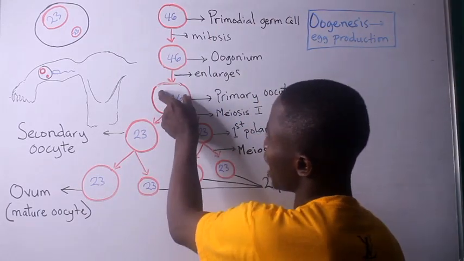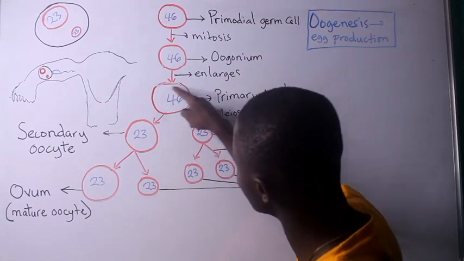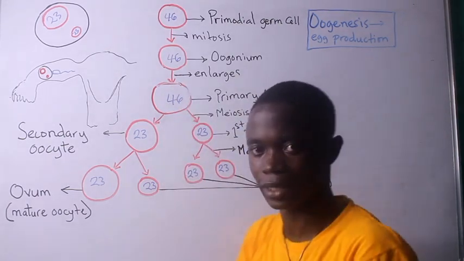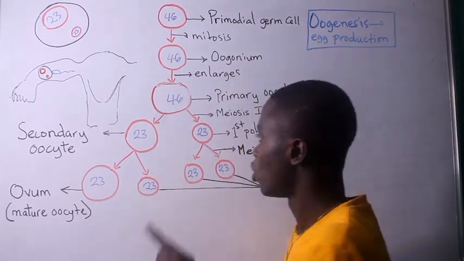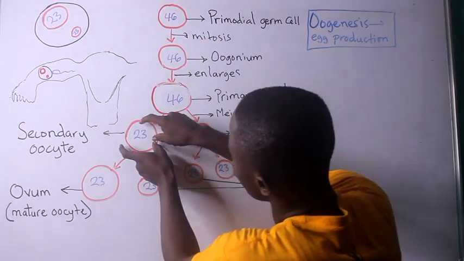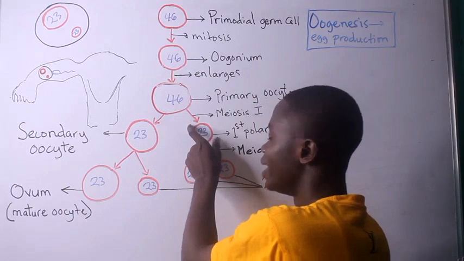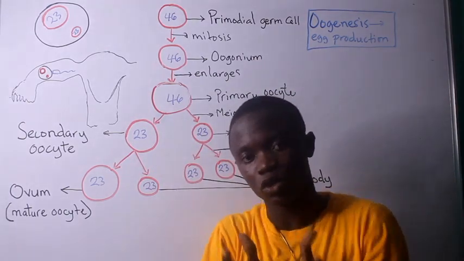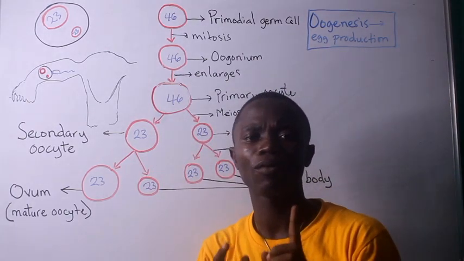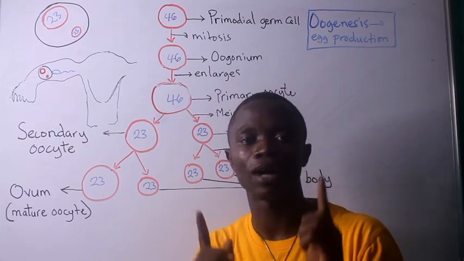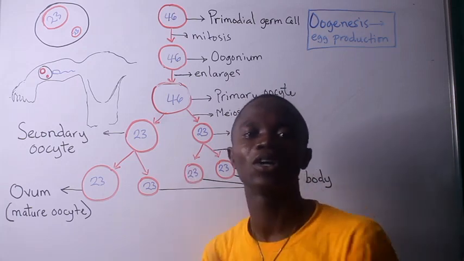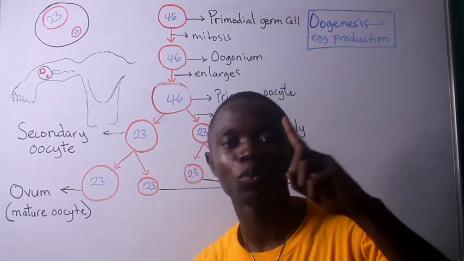Whenever the cell divides, the cytoplasm, which is this entire space you see here, can divide unequally. One of the cells will carry the majority of the cytoplasm and become very big, and the other one will carry less cytoplasm and appear small. Whenever the primary oocyte divides unequally, the smaller cell is called the first polar body.